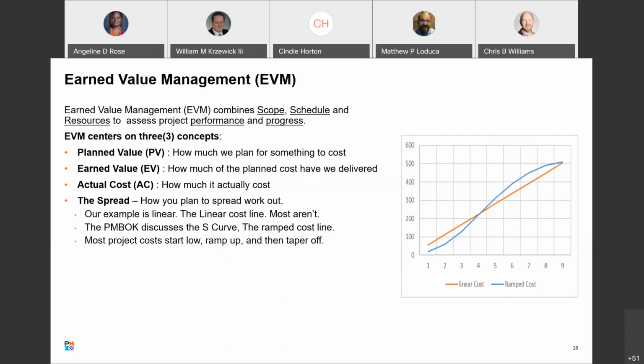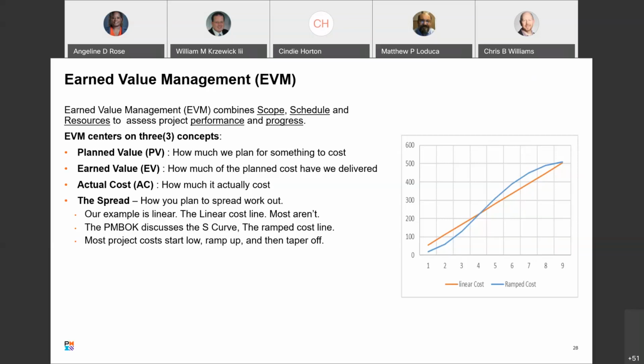We'll show formulas as we go through this, but it's calculated by multiplying the percentage of the work that you've completed by the budgeted cost for the activity that you laid out in your cost baseline. And that's how you get to EV. And again, we're going to walk through a sample that will make this straightforward and simple, as well as share all of the formulas.